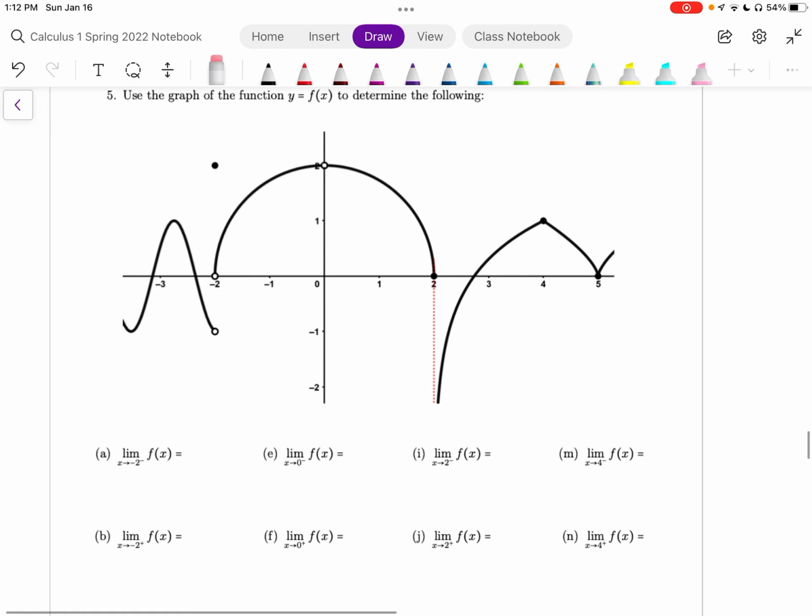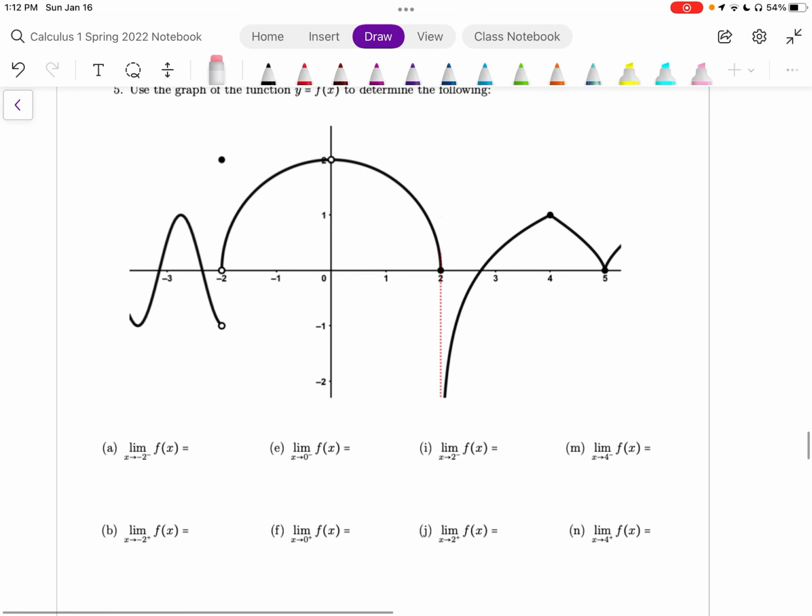All right, so what is the limit as x approaches, I'm doing A right now, as x approaches -2 from the left? Okay, so -2 is right here. So if we're approaching on the function towards -2, we're approaching the value of -1. So that is -1. All right, I'm just going to keep erasing all my writing because it'll be a mess, well, I'll leave some of it. I'm going to put that line right there. So let's come in from the right because that's what the next question asks.